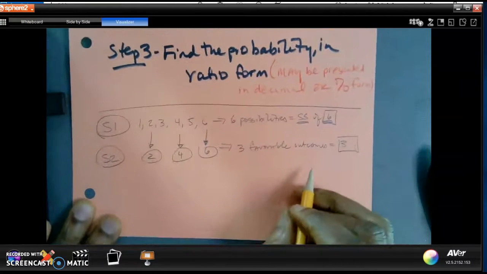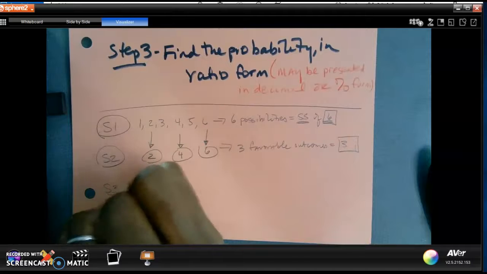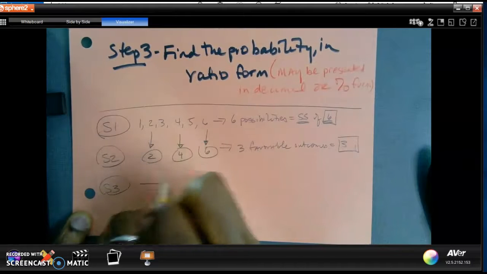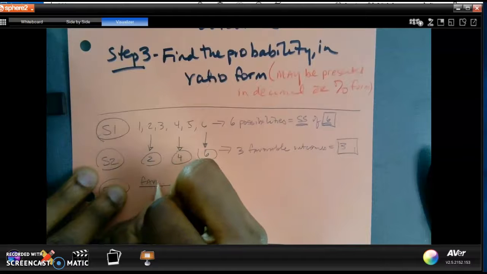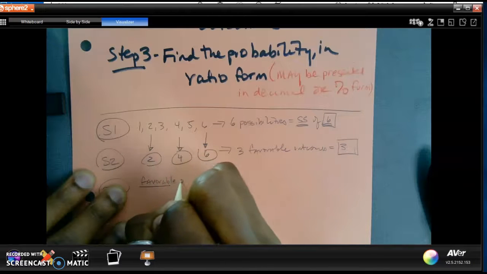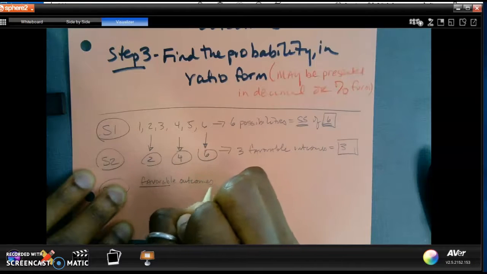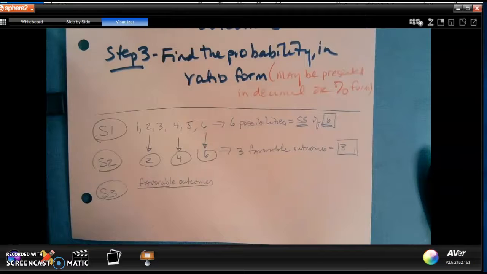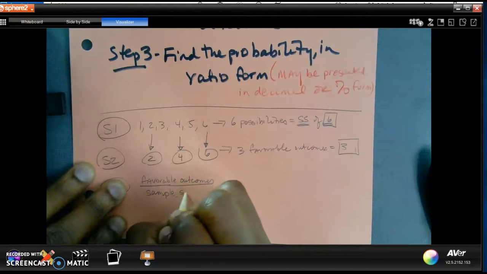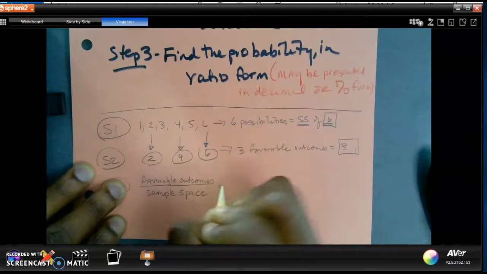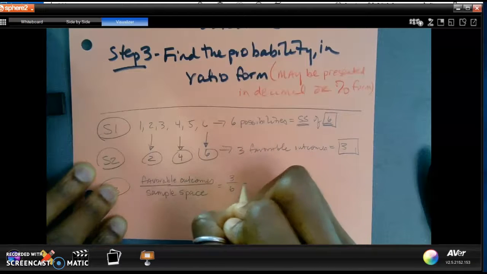Now, I want to put that all together. Favorable outcomes over my sample space will equal 3 over 6.